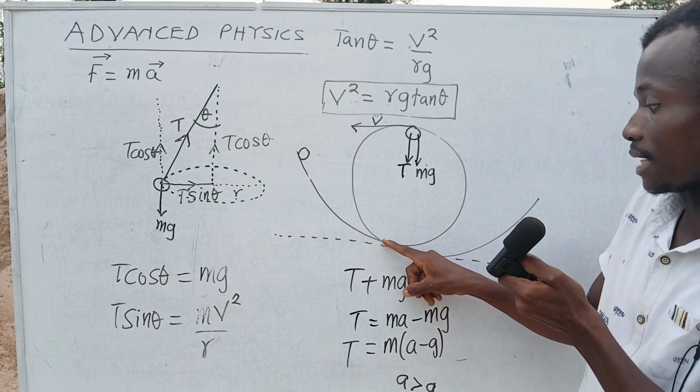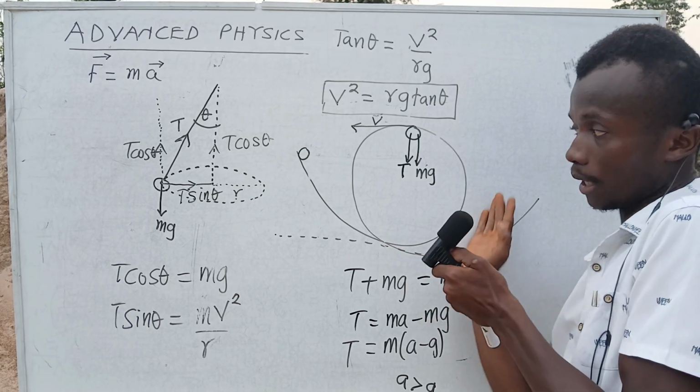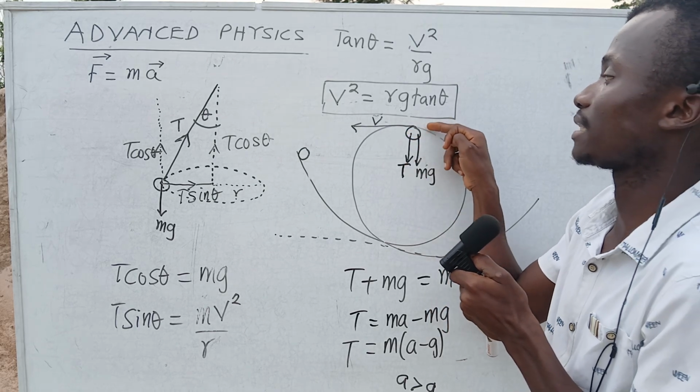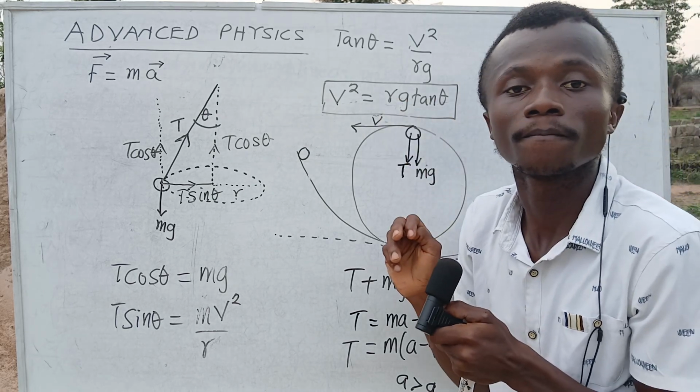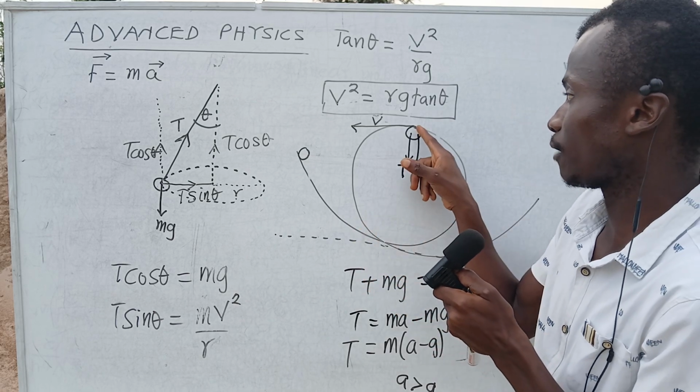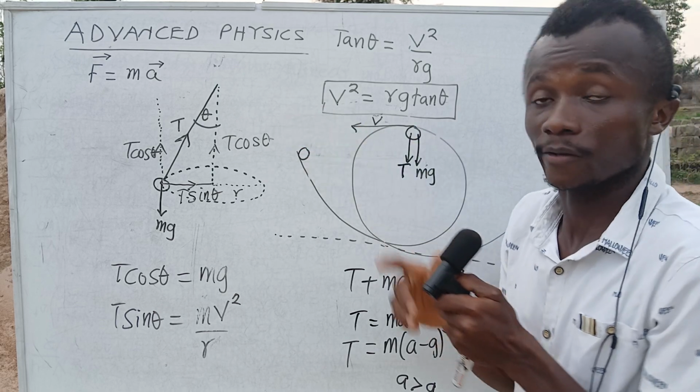So when it was here, it had that tangential velocity before it could climb. And when it climbs and reaches this point, it also has the same tangential velocity. So the bottom line is there is a tangential velocity to the circle.